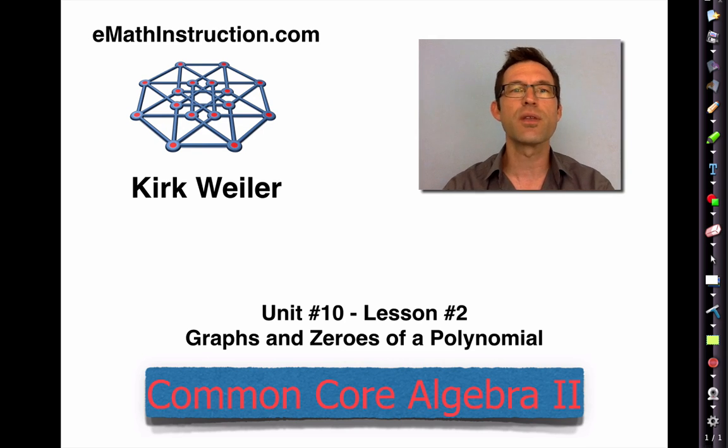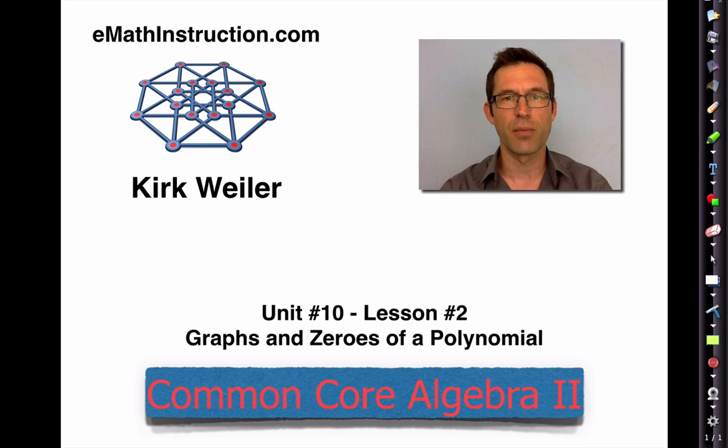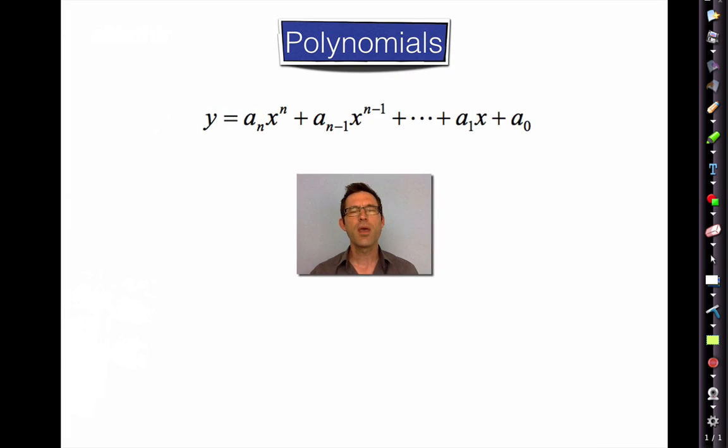But first, let's make sure that we review the definition of a polynomial. Polynomials are functions that have the following form. Now, this can look awfully confusing, so let's try to understand this. Polynomials look like y equals a coefficient times x to a whole number power plus another coefficient times x to a whole number power that's one less than the previous one.